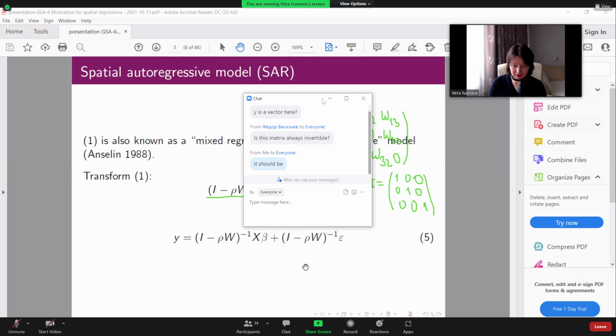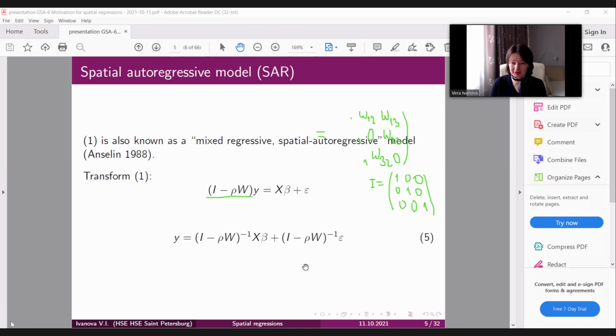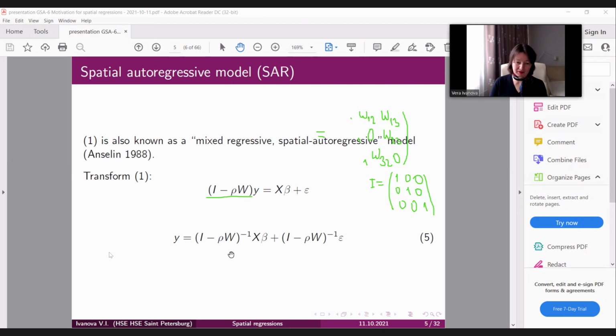There is a good question. Is this matrix always invertible? There must be a problem if a spatial weight matrix is not properly designed, for example, if we have some isolated regions, then the spatial matrix is not connected. For these cases, we need to design a new spatial dependence matrix.